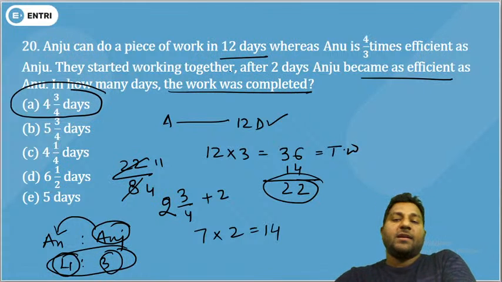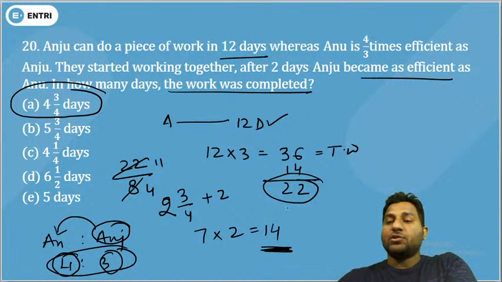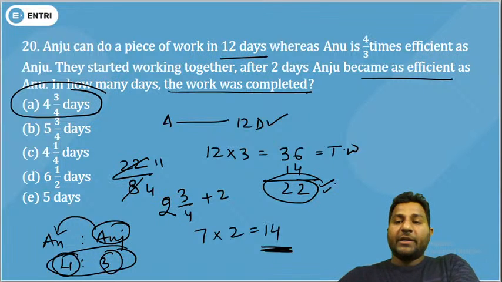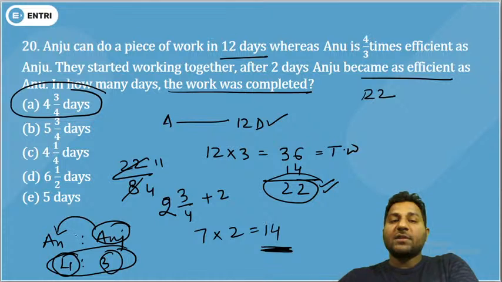Look, for the first 2 days, 14 work has been completed by Anu and Anju together. That means only 22 work has been left. For the remaining 22 work, Anju's efficiency has become equal to Anu's efficiency, which means 4 efficiency each.